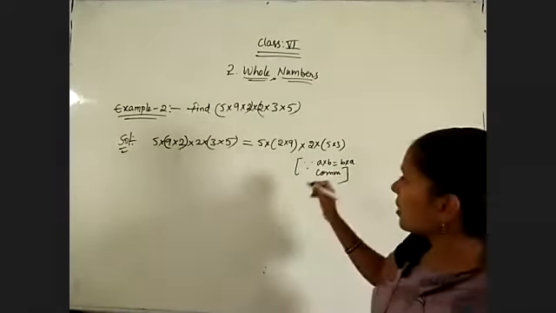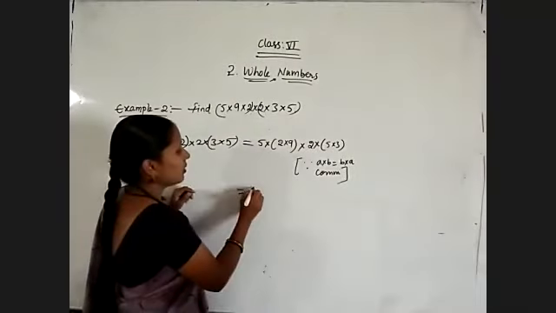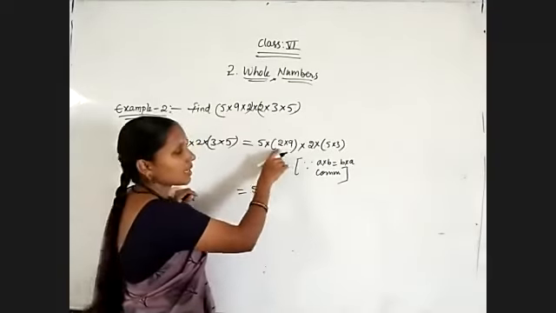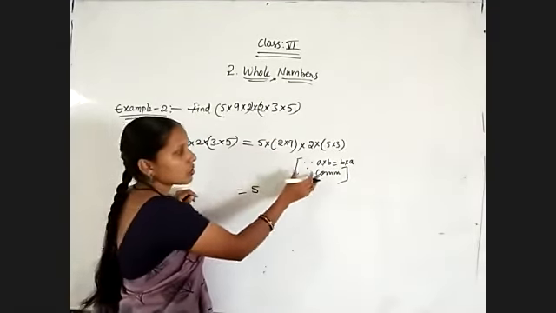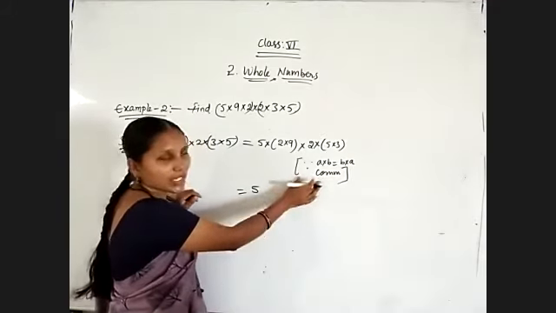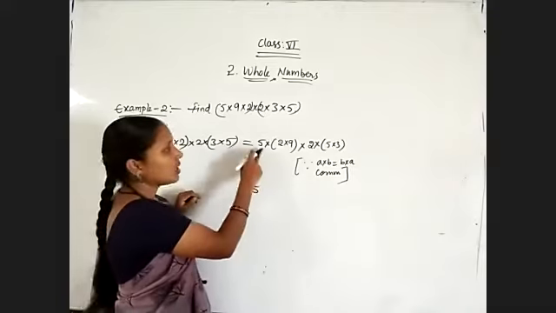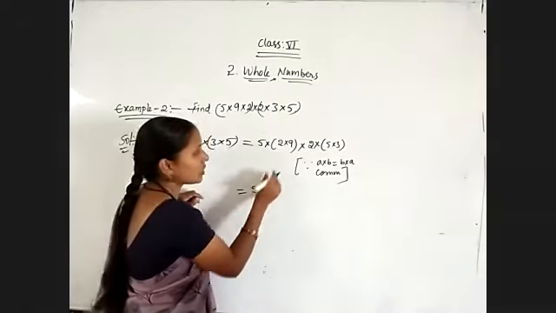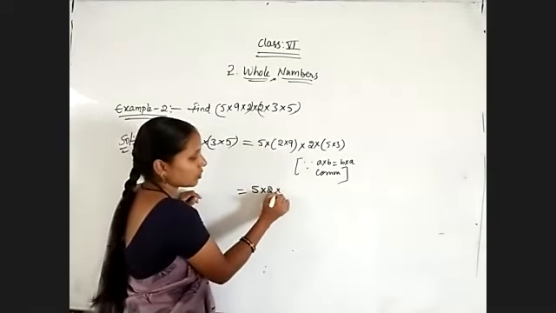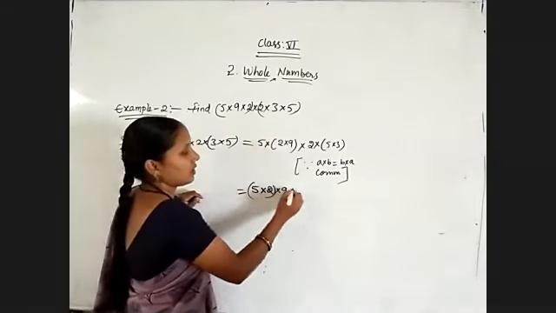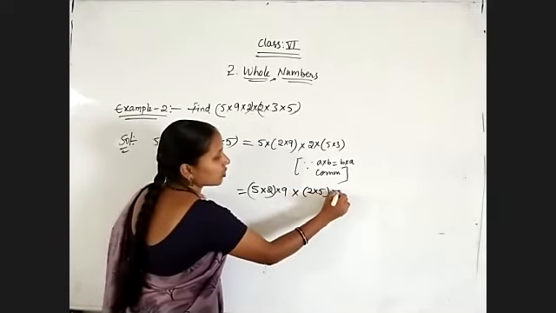Okay, now it is equal to. Whenever you are using the commutative property, after that you have to follow it by associating. So I am giving a bracket for the first numbers: 5 into 2 into 9 into 2 into 5 into 3.